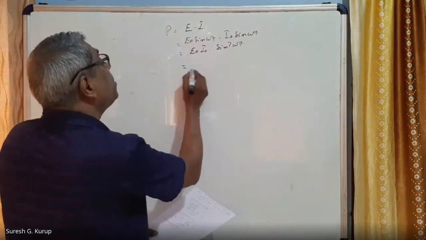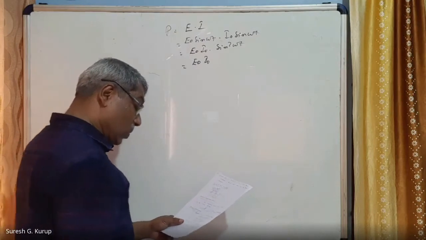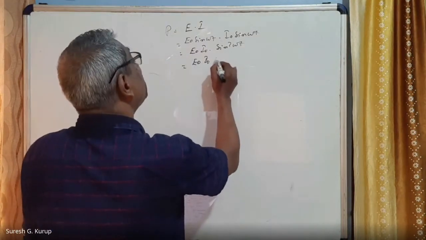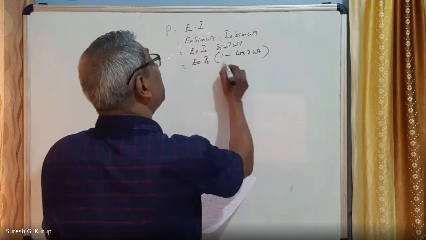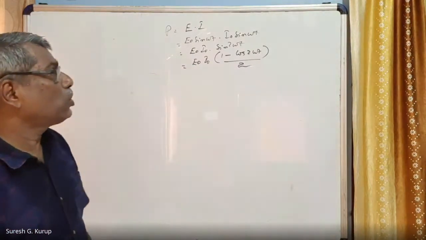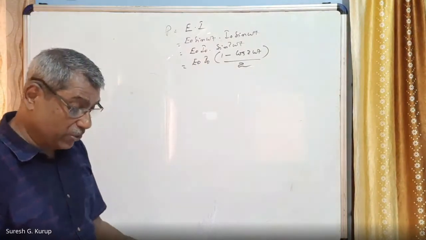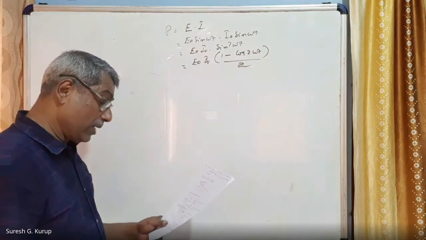This is equal to E0 I0 into (1 minus cos 2 omega t) divided by 2. This way I can write it, because sin square omega t is equal to (1 minus cos 2 omega t) by 2.